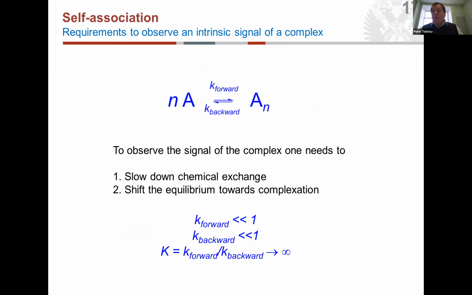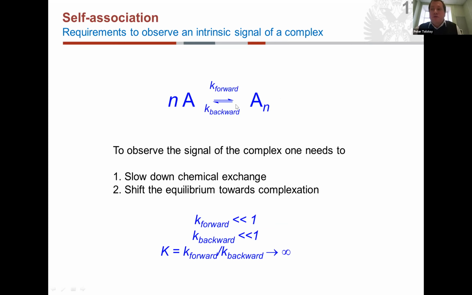Now, if we have a molecule, let's say molecule A, that can aggregate, self-associate, this reaction can be described by the rate constants of the forward and backward reaction. And if I would like to see in the NMR spectrum, or in any other NMR observable, the intrinsic properties of an aggregate, I would like to achieve two things.